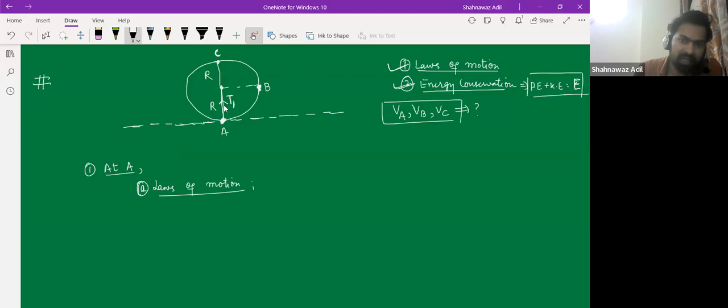And this is some mass, so mg downwards. And this is moving tangentially with velocity VA, moving in a circle. So what would be the other force? Can you guys tell me? What would be the other force?